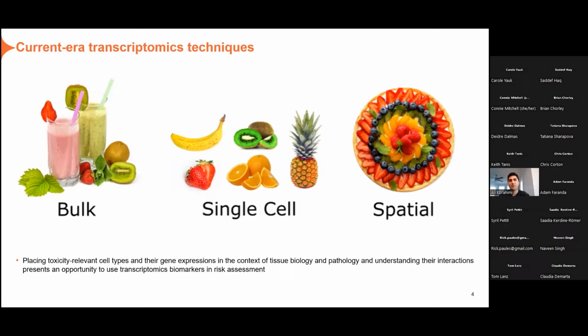We know what cells are expressing what genes, but we don't know where they come from. So by spatial transcriptomics, you are closing that missing piece in the puzzle. Hopefully that will give you a lot of insights in terms of understanding the cellular processes that are happening within that tissue.